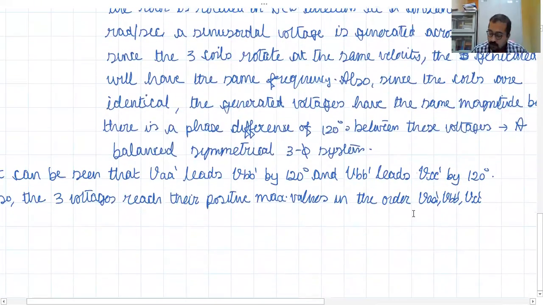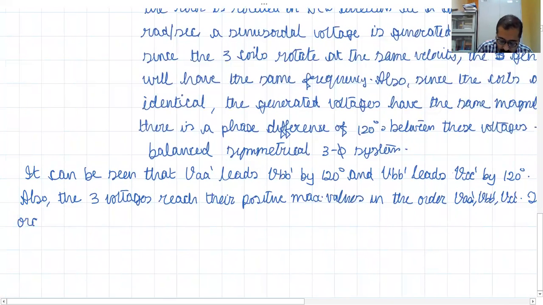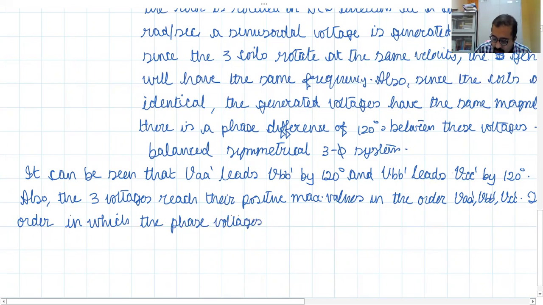The order in which the phase voltages reach their maximum values is called phase sequence.